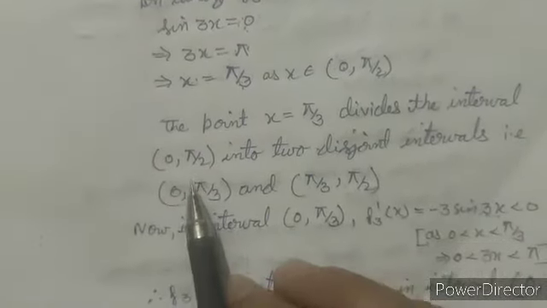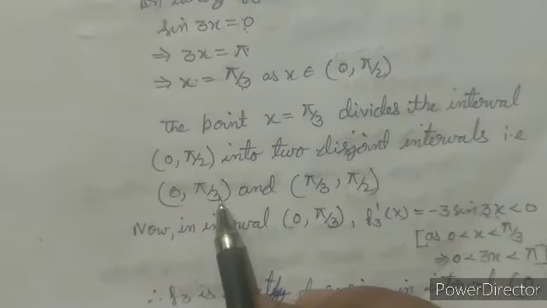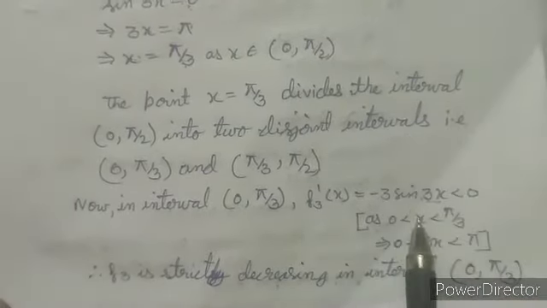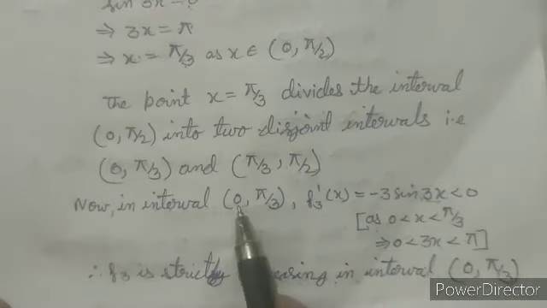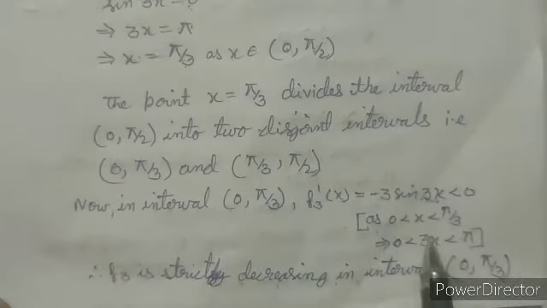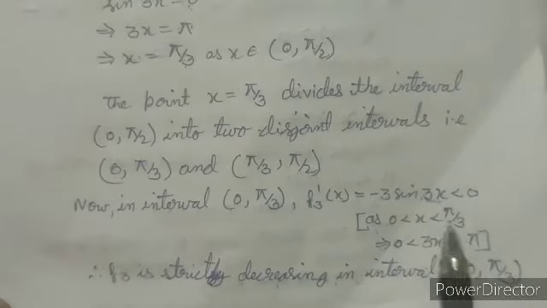Now in interval 0 to pi by 3, as we know that x lies between 0 to pi by 3 here, and here we have to find the value of 3x. So 3x will lie between 0 to pi.